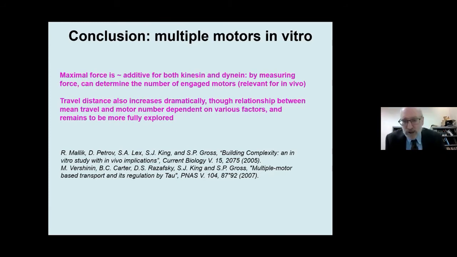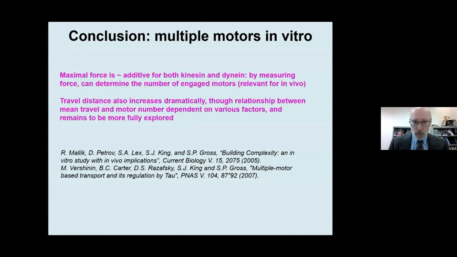So it's a way of counting motors inside of the cell, if you can measure the forces. And travel distances increase very significantly as we go to multiple motors. The exact amount for 2 or 3 depends on a variety of factors that I'm not going to go into, and I think hasn't fully been explored, but you can certainly, by having 3 or 4 active engaged motors, go very long distances.